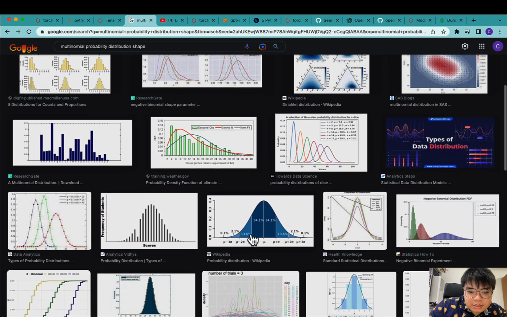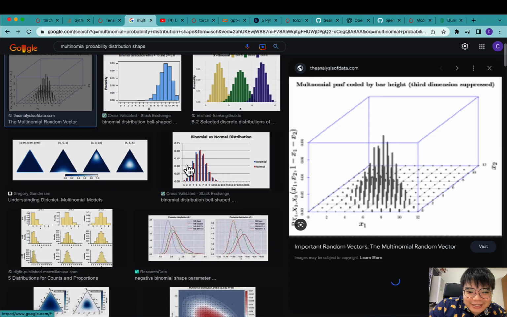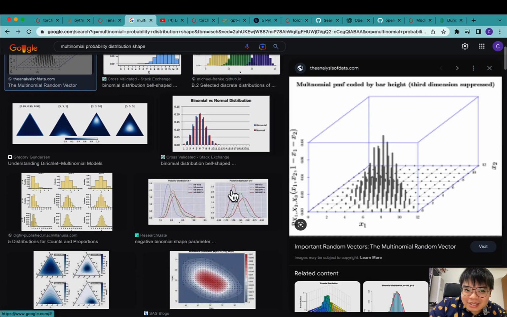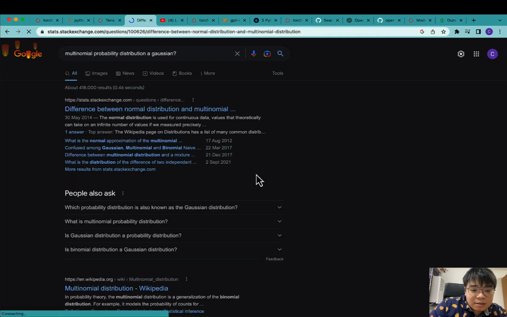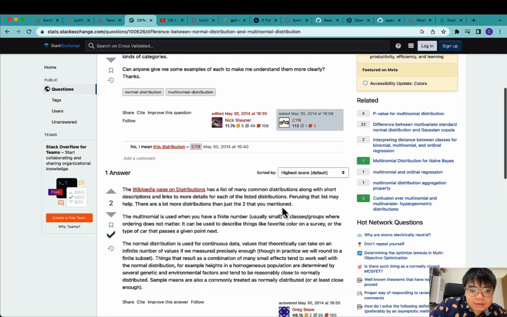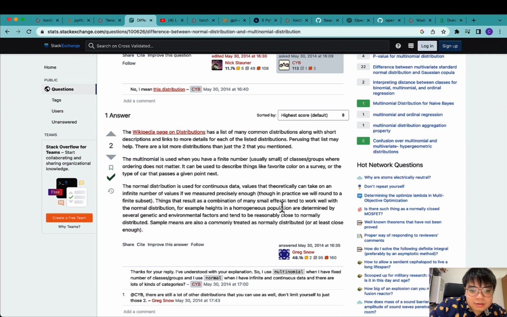Okay, I guess, is the multinomial distribution the Gaussian? It is used when you have a finite number of classes or groups where the ordering does not matter. Yeah, that makes sense, because we are using the multinomial distribution because we have a finite number of classes, where the classes represent our vocabulary, and the ordering in the vocabulary does not matter.